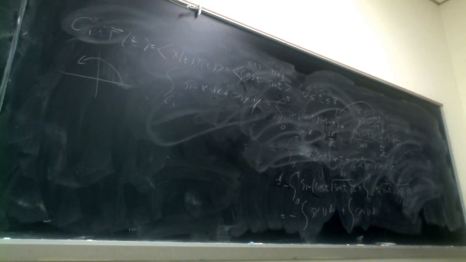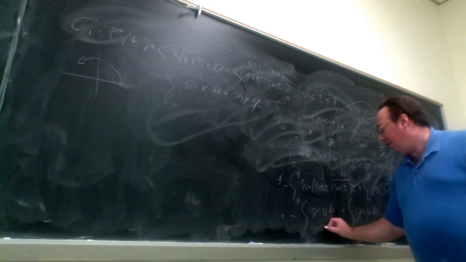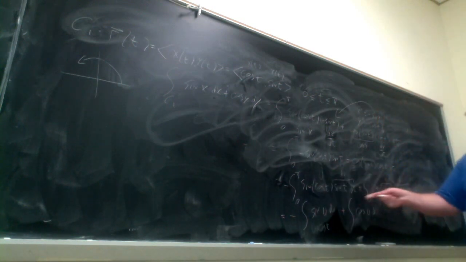Now, there are two ways to handle substitutions. You can either go ahead and change the limits now. In this case we have u equal to cosine t. You can take your original limits 0 to pi and plug them in.